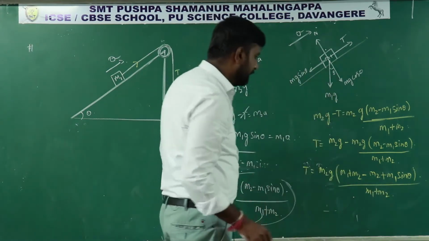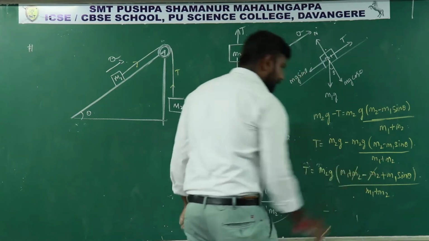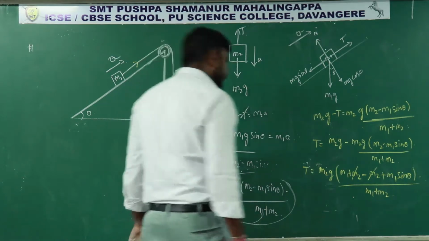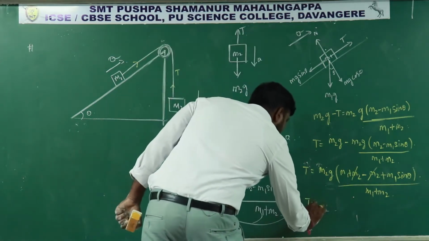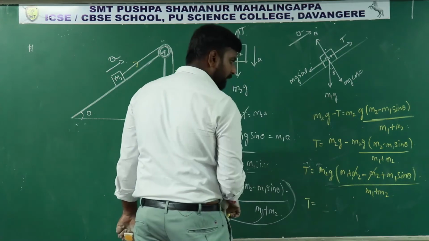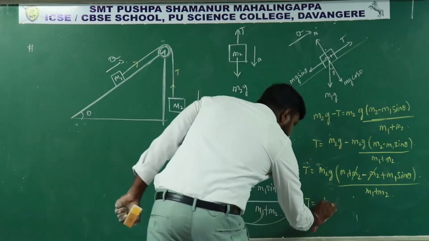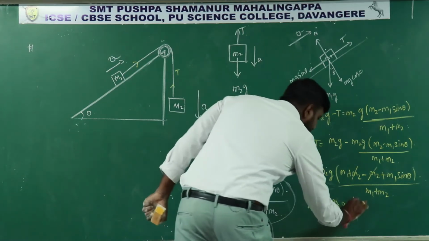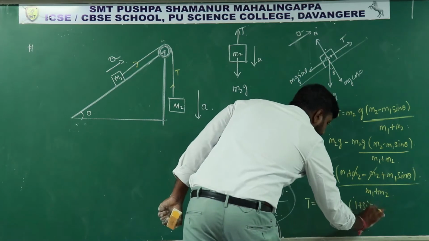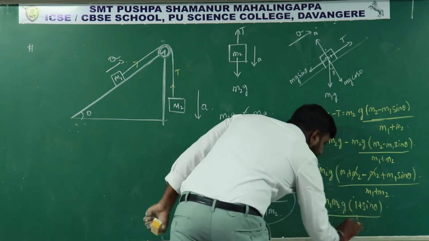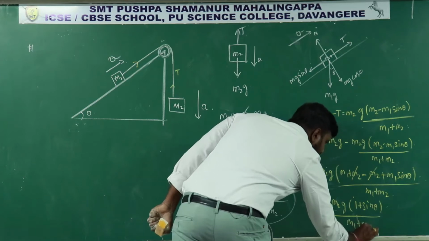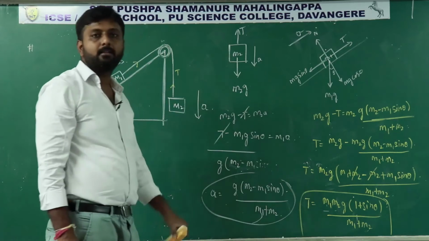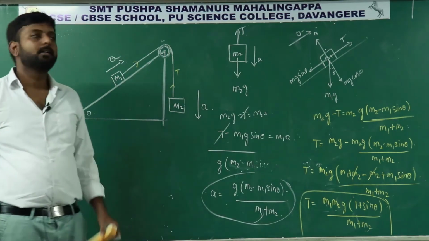Then here plus m2 minus m2 will get cancelled, and the T value is equal to, taking m1 common outside, m1 m2 g times 1 plus sin theta divided by m1 plus m2. So this is the tension in the string, or tension in the thread.